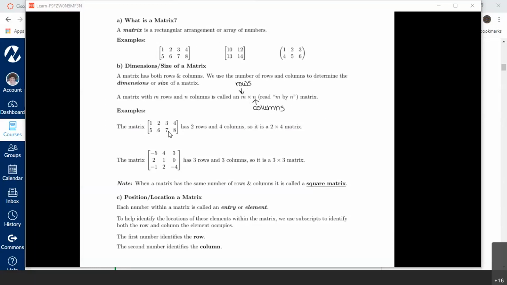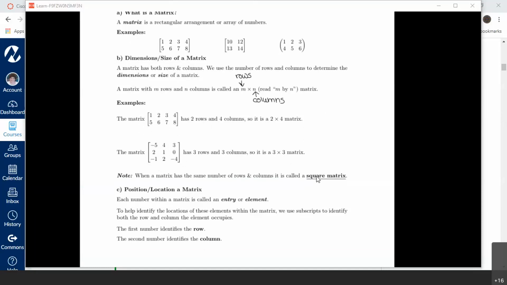If you're taking a look at this matrix here, in this example, we've got 2 rows and 1, 2, 3, 4 columns. So this is a 2 by 4 matrix. This matrix over here has 3 rows and 3 columns, so it's a 3 by 3 matrix.